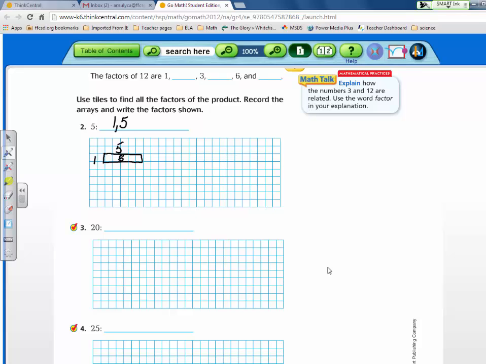So my factors for 5 are 1 and 5. Now with 20, we can think of a 1 by 20. And that makes our first one, a 1 by 20. We could also do a 2 by 10.